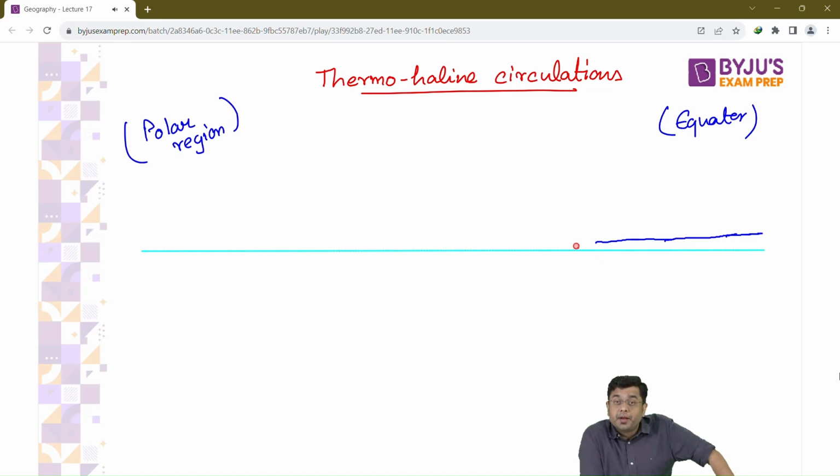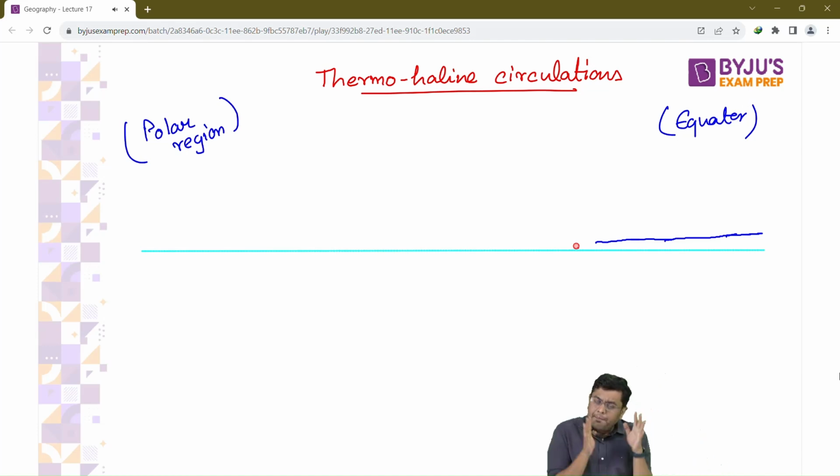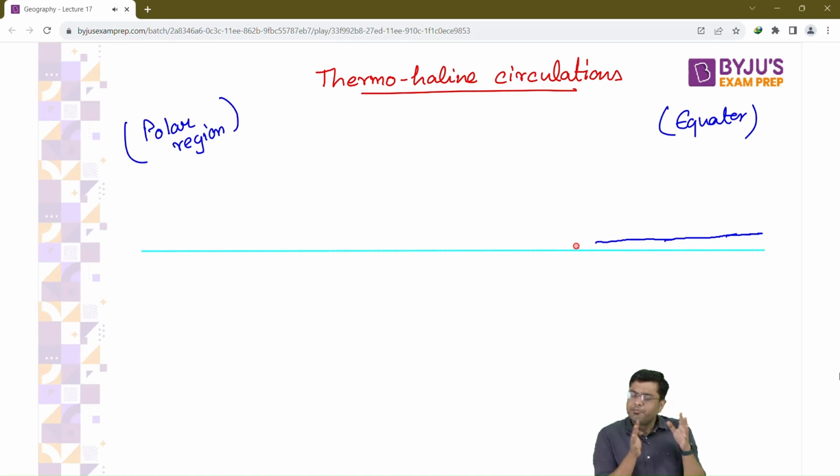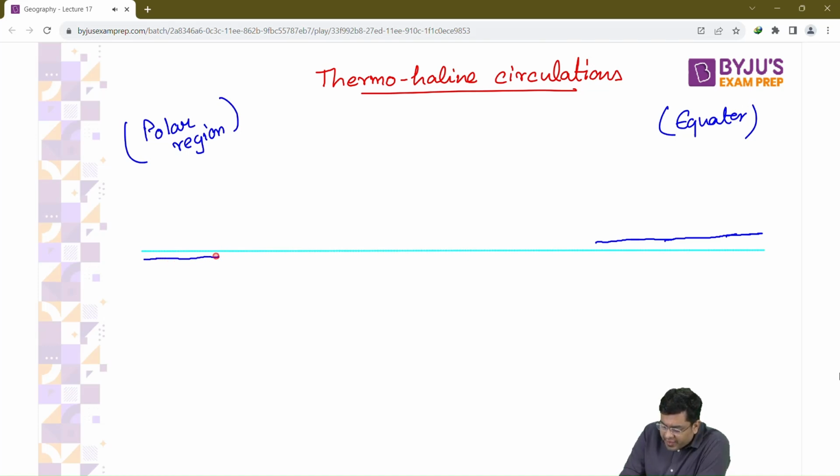Now, in the region of the poles, the temperature is very low. Temperature is very cold. So when the temperature is cold, can we say the things will compress a bit? The state of matter will compress a bit. So here you have water which tends to compress a bit due to significant amount of cooling.